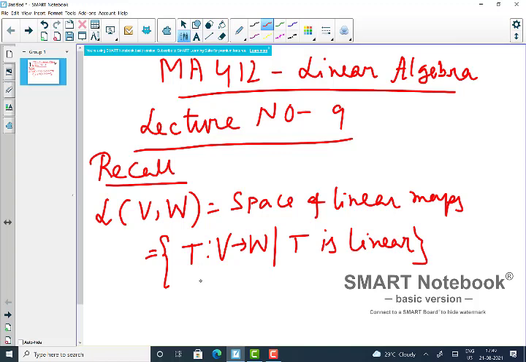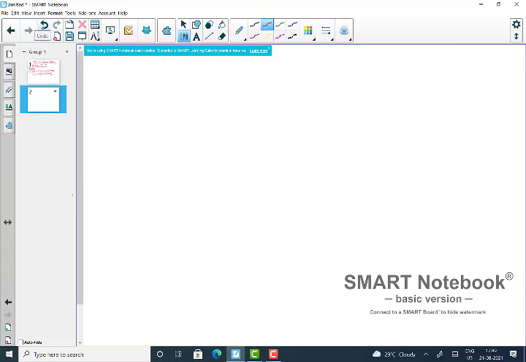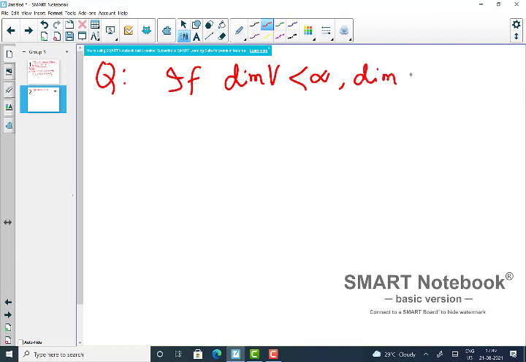scalar multiplication. That we know, but the natural question one can ask is: if it is known that the dimension of V is finite and the dimension of W is also finite, then what is the dimension of this L(V,W)?